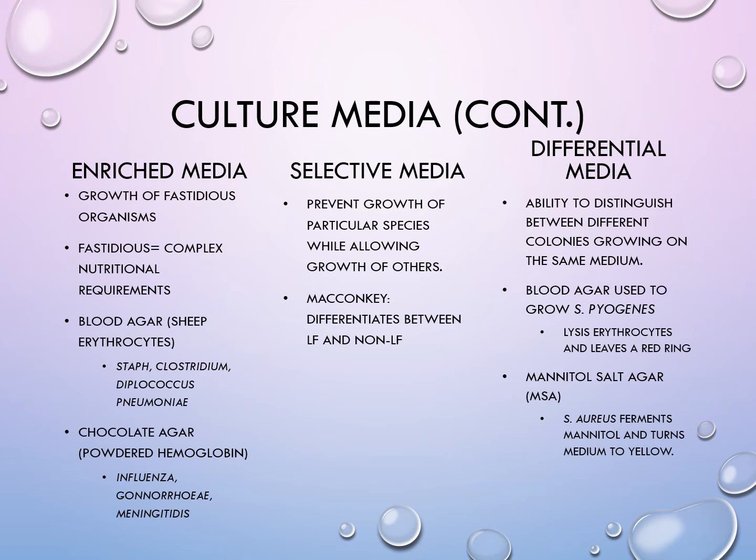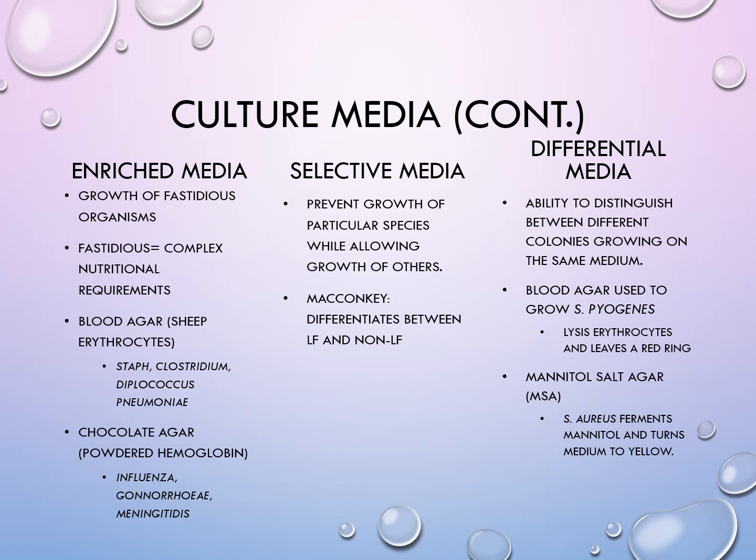So this is the bacteria's food, right? It's some sort of nutrient broth, and we've added solidifier to it. Sometimes there are other components that are going to be added to either enrich the media so that these organisms that typically only grow in animals, or won't grow outside of living cells, which we call fastidious cells.